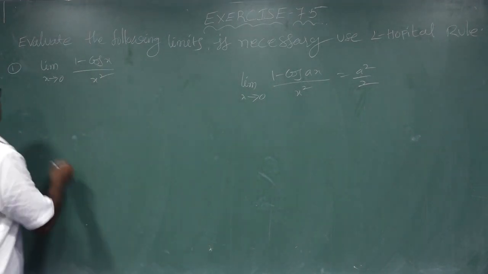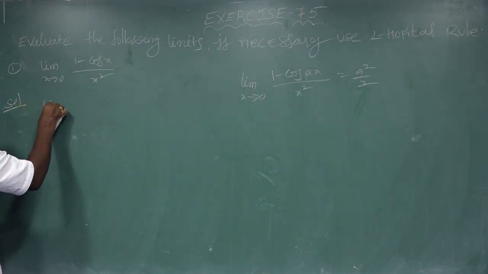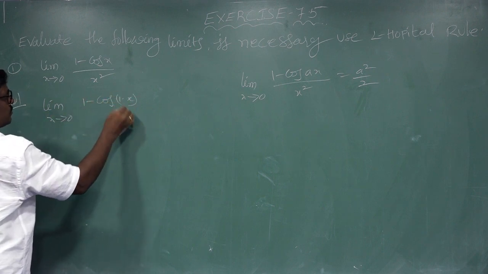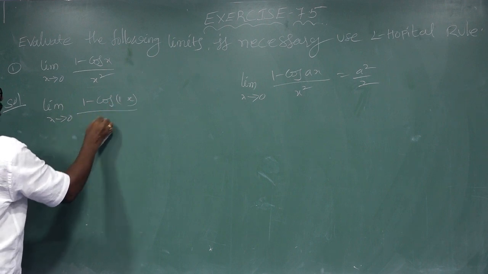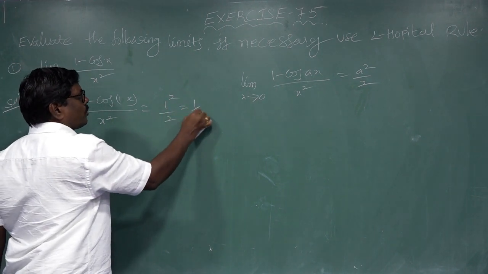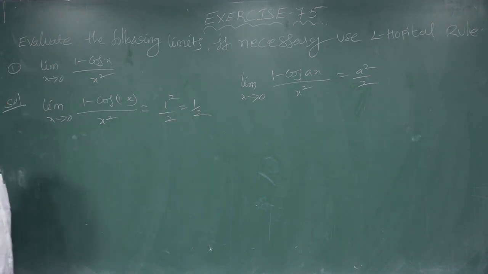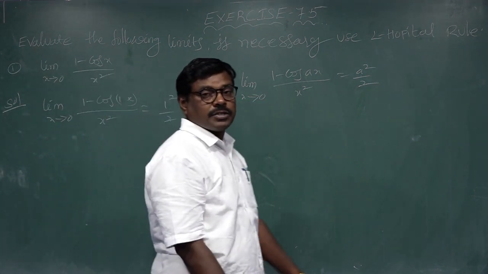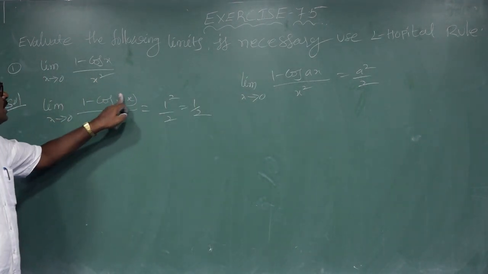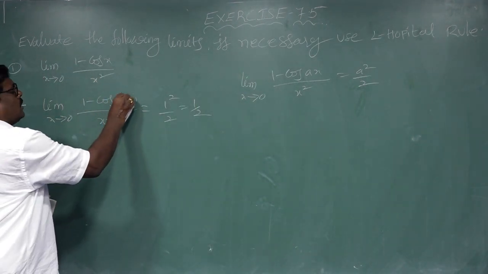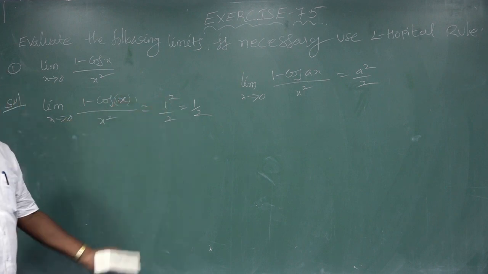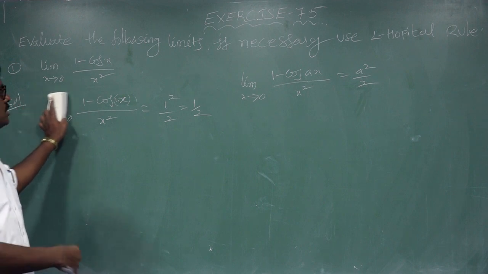This is the solution: limit x tends to 0 1 minus cos of 1 into x by x square equal to a square by 2, where a equals 1, so 1 whole square by 2 equals 1 by 2. This is easy, directly. Only one step.